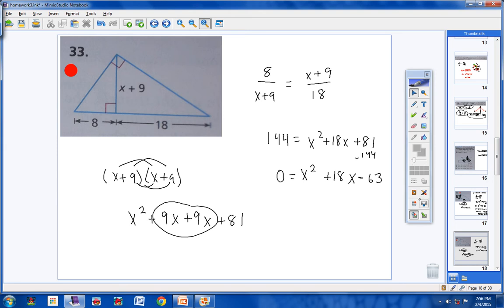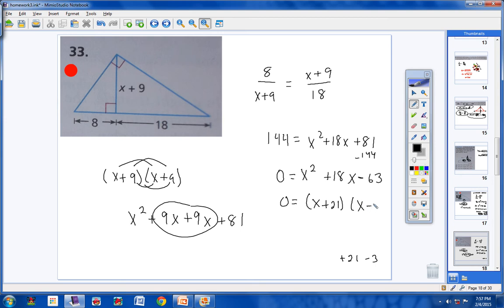I think I got it. A positive 21 and a negative 3. If you take a positive 21 and negative 3 and multiply them, you get a negative 63. If you add those two numbers together, you get 18. So the factorization would be x plus 21, x minus 3.